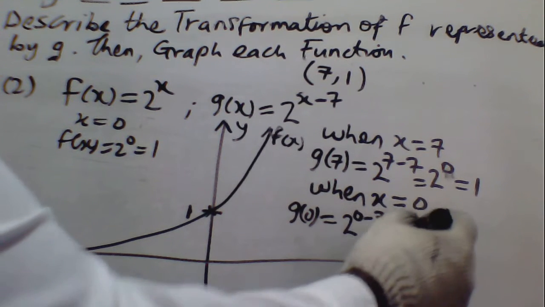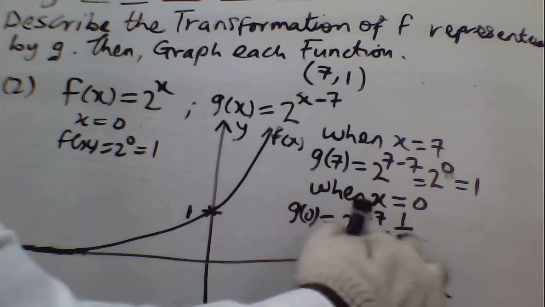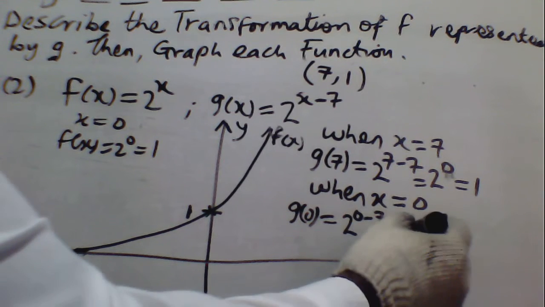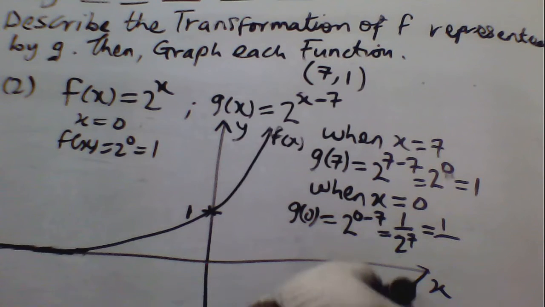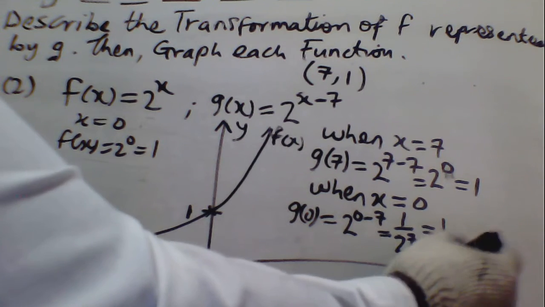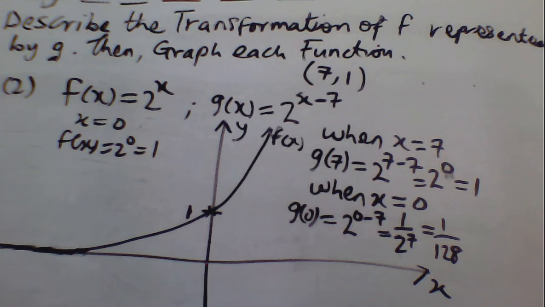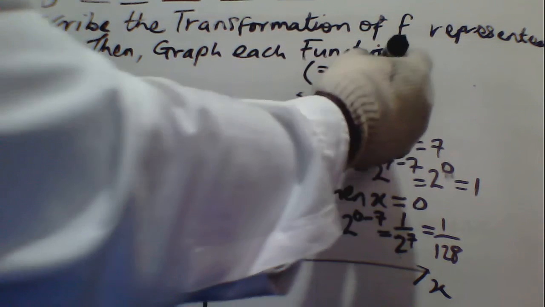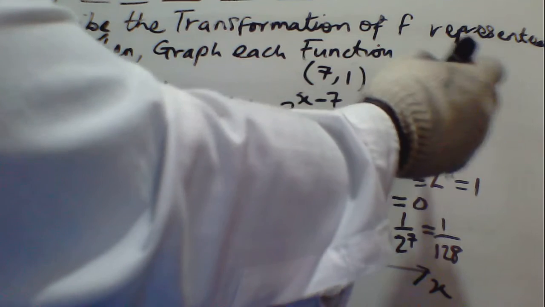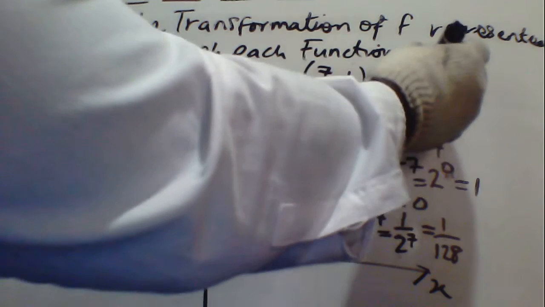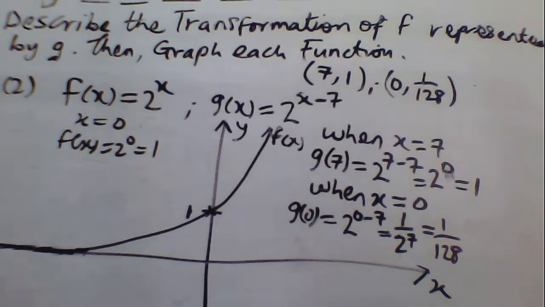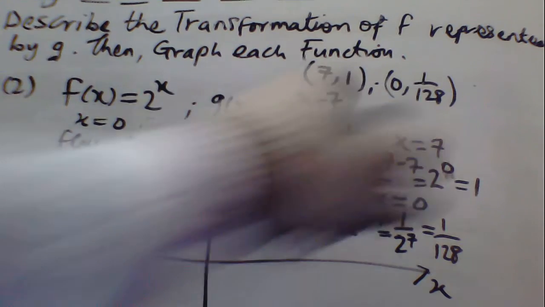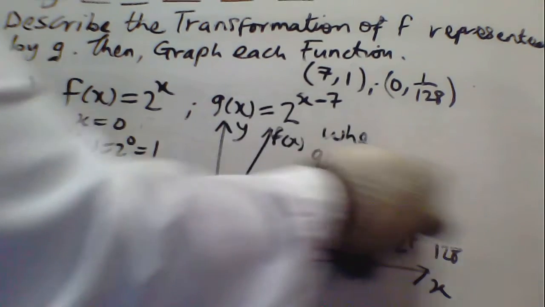So this will give us 2 raised to power minus 7, and this will give us 1 over 128. So these are 2 points I may like to use. Another one is 0 and 1 over 128. So when you get this, you can now plot the graph.